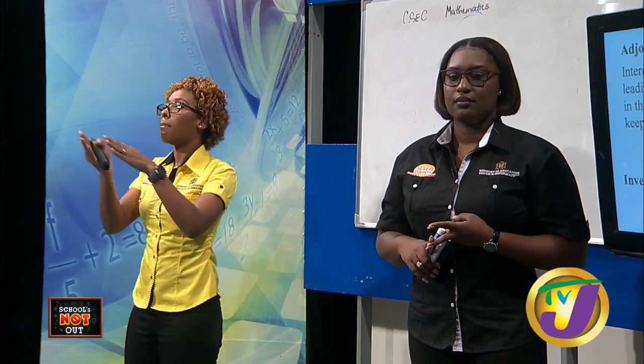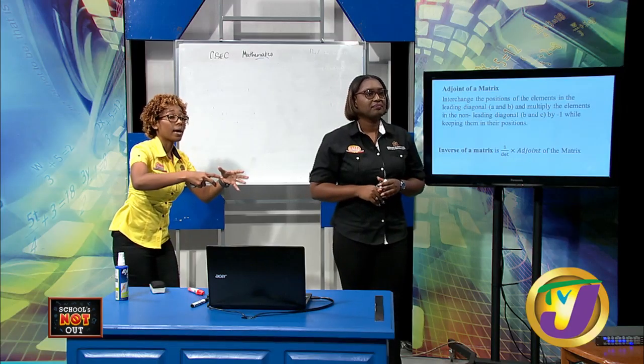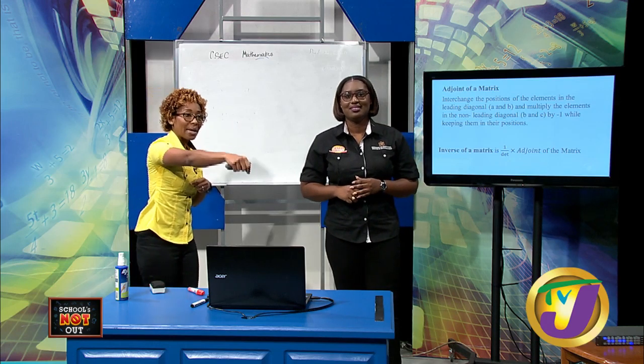So the inverse would be 1 divided by our determinant multiplied by the adjoint of that matrix to give us our inverse. And remember too, in doing the inverse of a matrix, we are looking at scalar multiplication because you have to multiply the scalar by each element in the matrix.